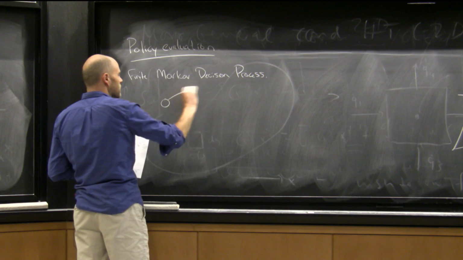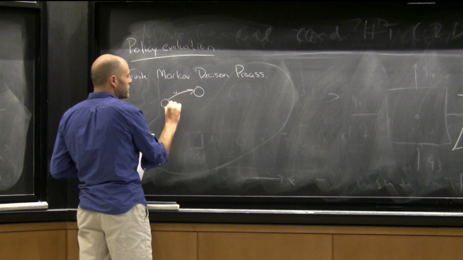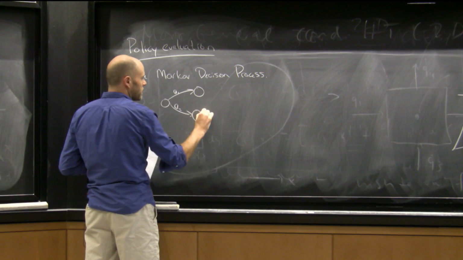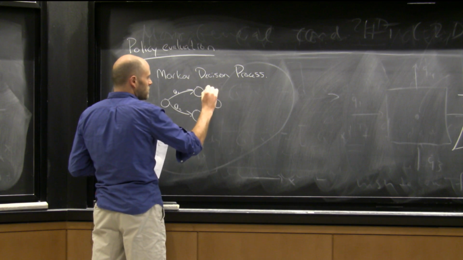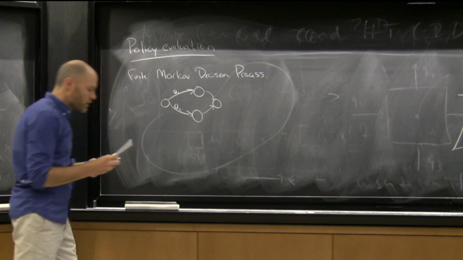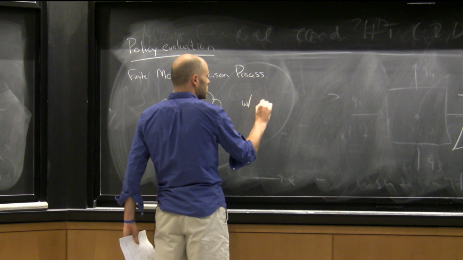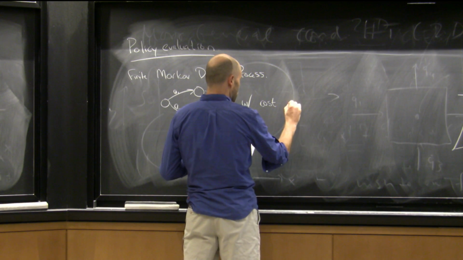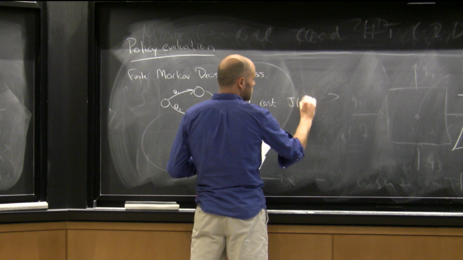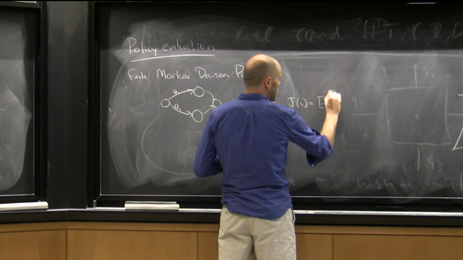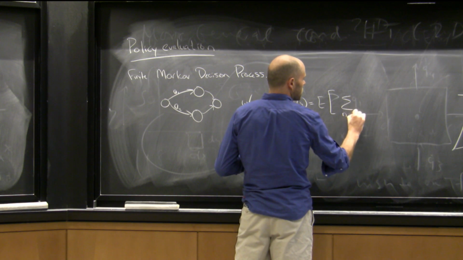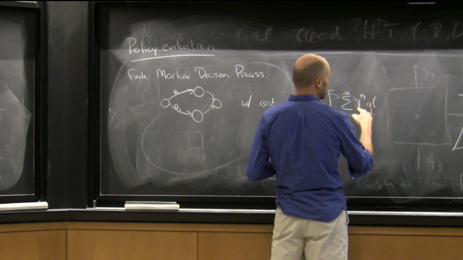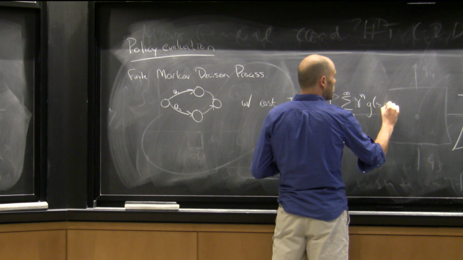If I have a graph where I have action 1, action 2, I'll even make discrete actions here, and I've got some transition probabilities and the like, where my cost is some long-term cost, I'll do the discounted version, just to make sure that it's well behaved in the long term.